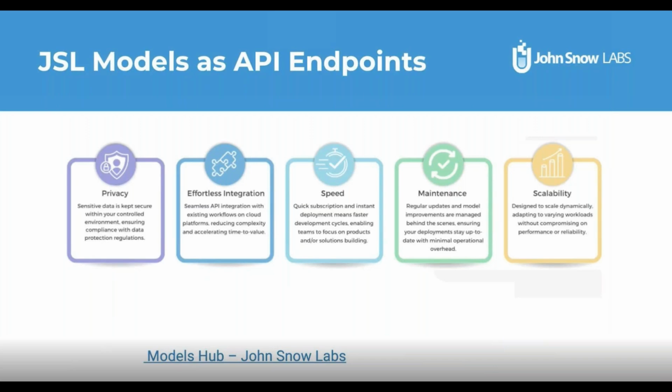You can just run your data through the endpoint and have it integrated into your workflows. So there's an improvement in the development cycles. You can just focus on what your needs are and let the model run as a separate entity maintained by us, but on your infrastructure, so everything is secure.